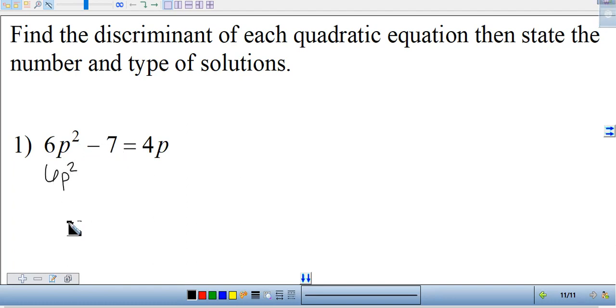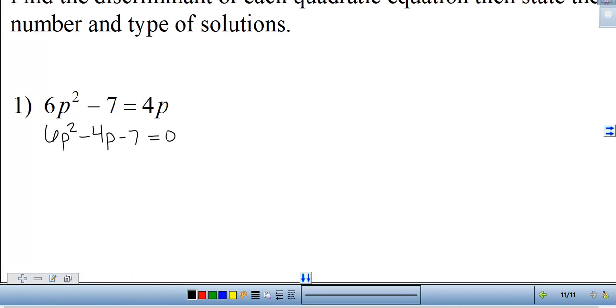So my 6p squared can stay where it is, but I need to move the 4p to the left side. It's going to become a negative 4p. And then I have negative 7. And I'll set this all equal to 0. Just like I did in the previous lesson, I'm going to identify my a, my b, and my c. A is 6, b is negative 4, and c is negative 7.